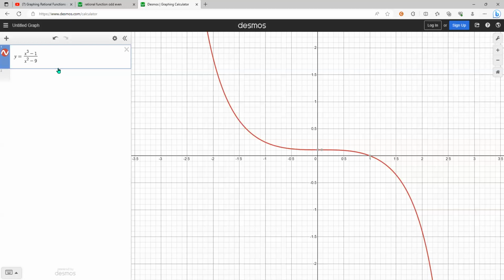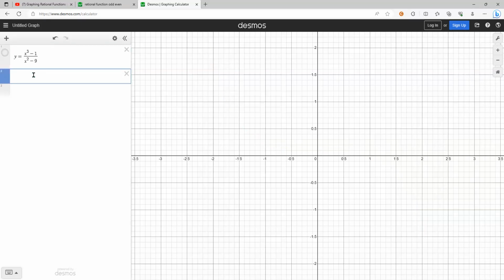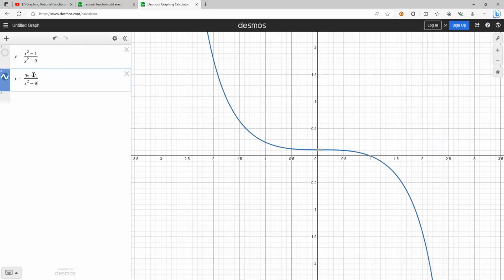Don't tell me I did my long division wrongly. Let me hide it. What about x plus 9x minus 1 over x squared minus 9? Oh, it's still the same curve.